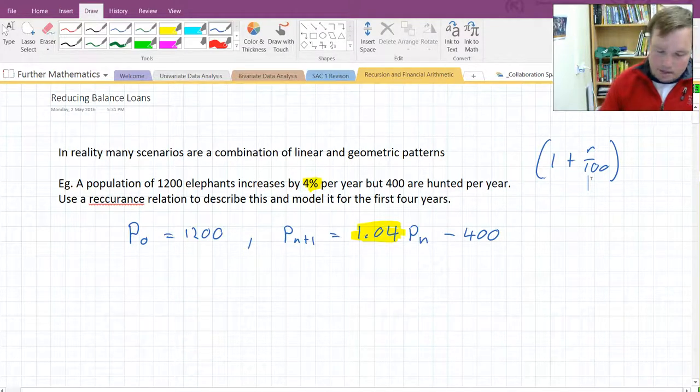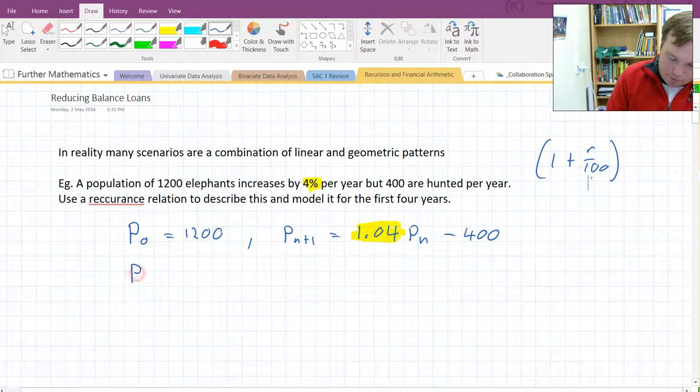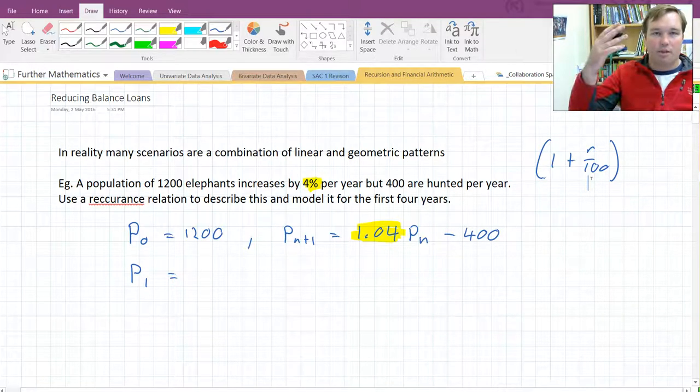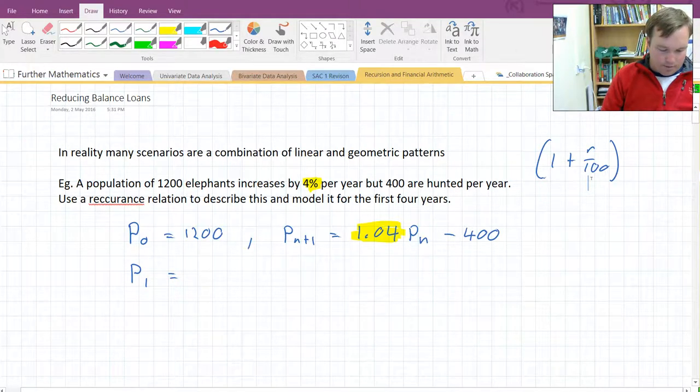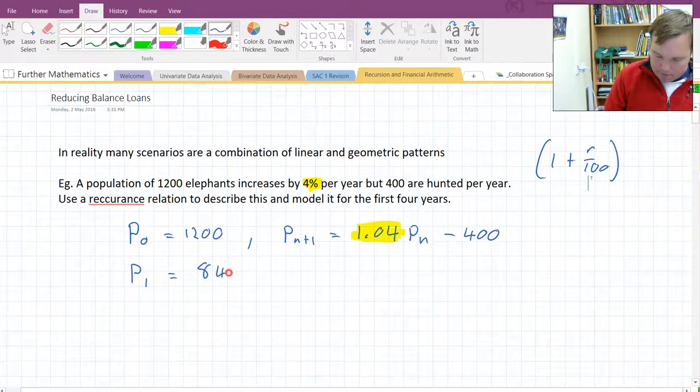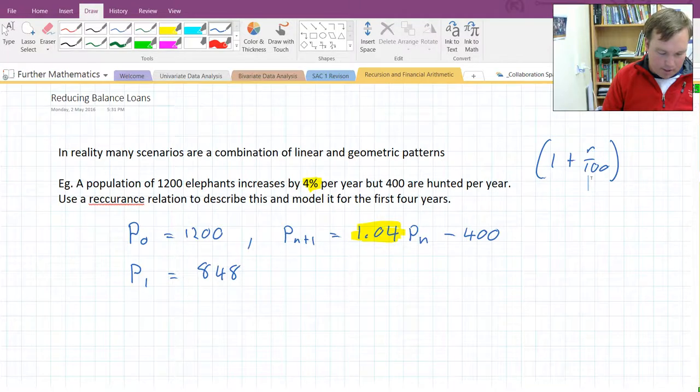Alright, so P0 is 1,200. What would it be after the first year? Well, after the first year, we're taking 1,200, increasing it by 4%. So 1,200 times 1.04, and then subtracting 400 off the end. There is 848. And again, we take that, multiply it by 1.04, subtract 400.